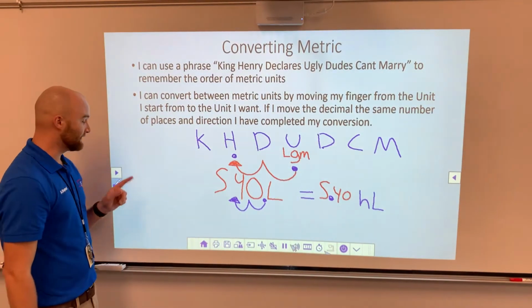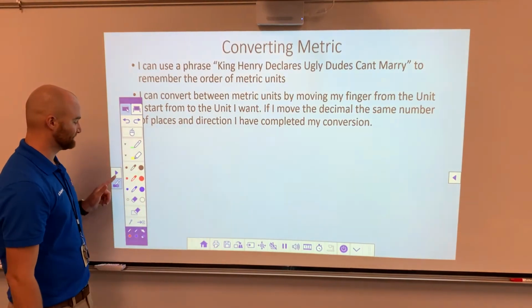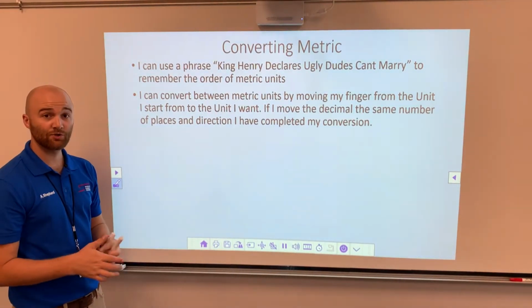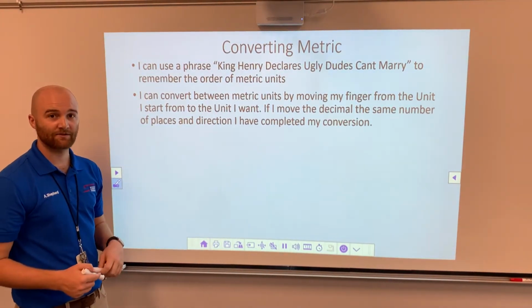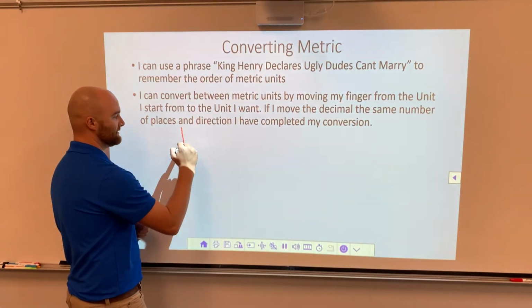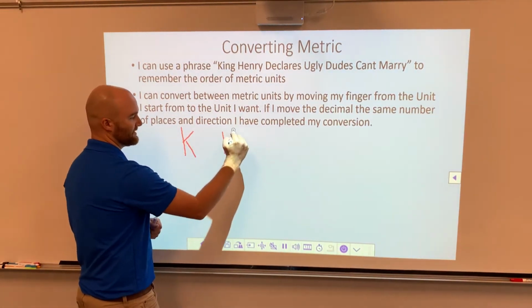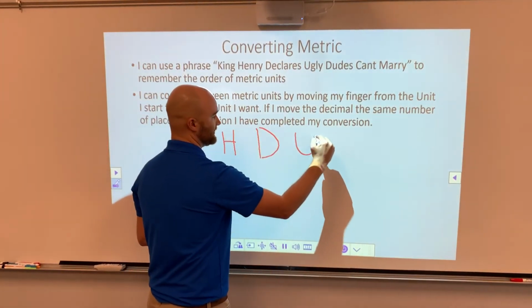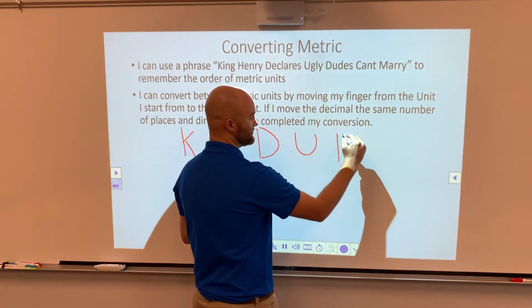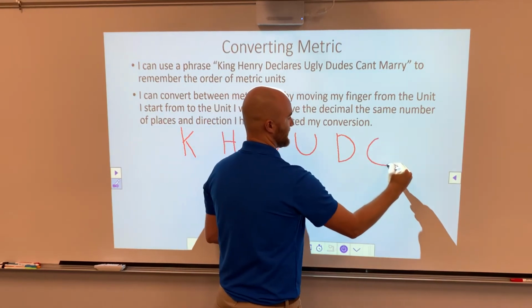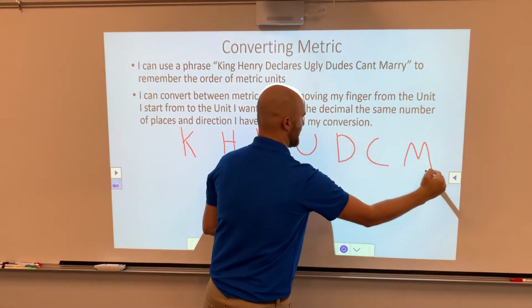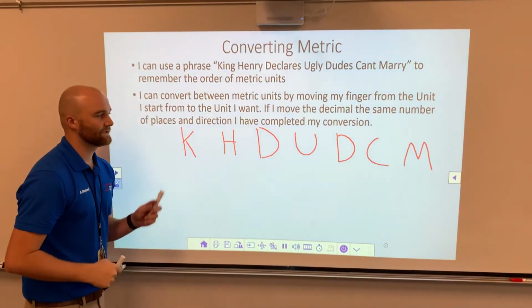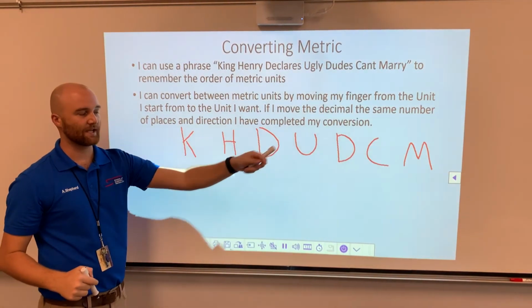I'm going to write one up here now, and I want you to try it. First thing that you should do is write your King Henry letters. King Henry declares ugly dudes can't marry.